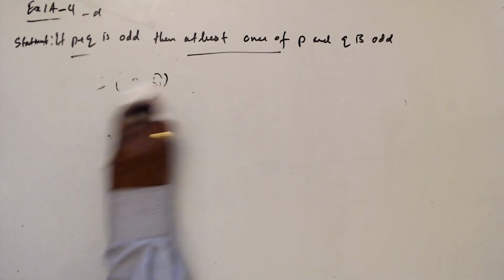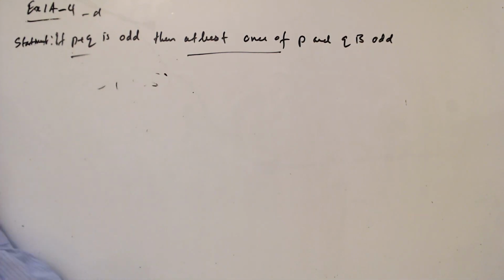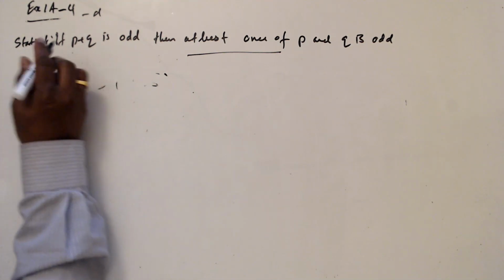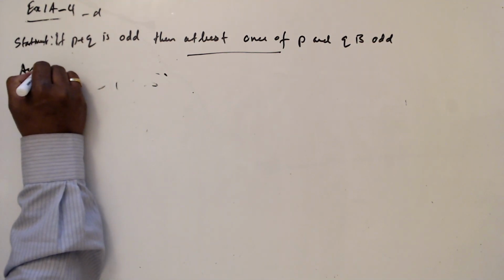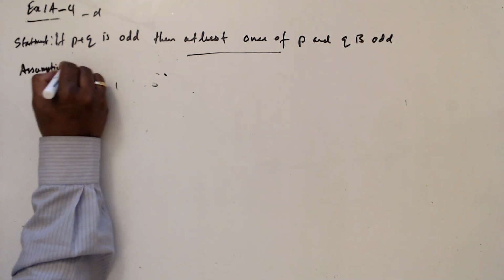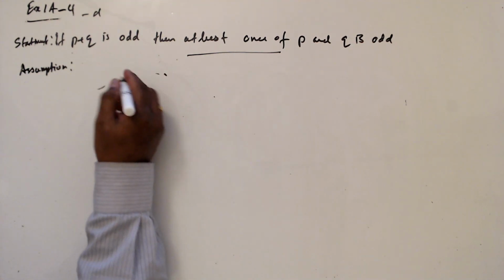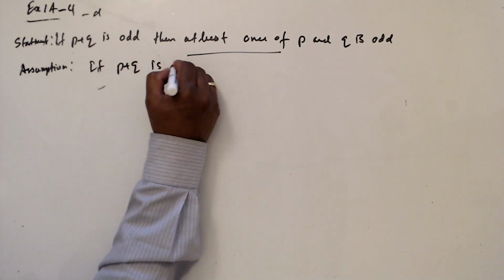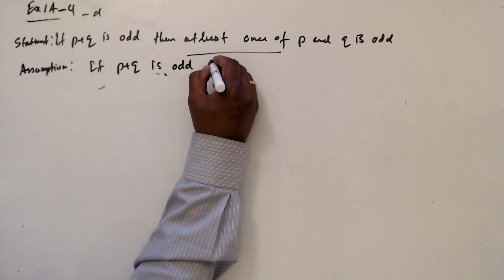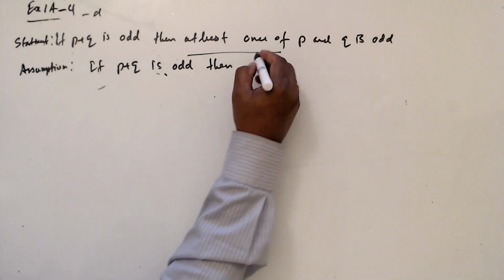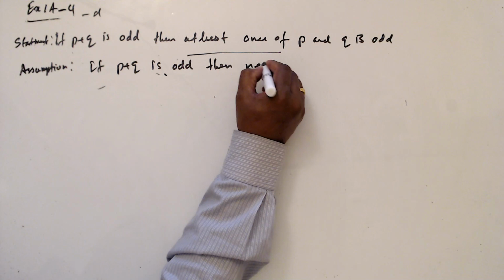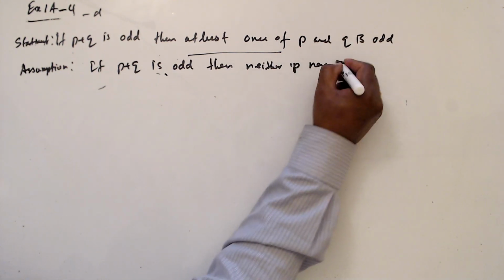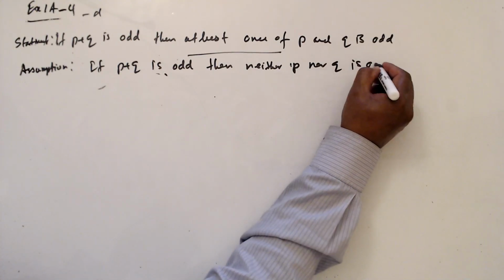We'll write the negation now. Assumption: if P plus Q is odd, then neither P nor Q is odd.